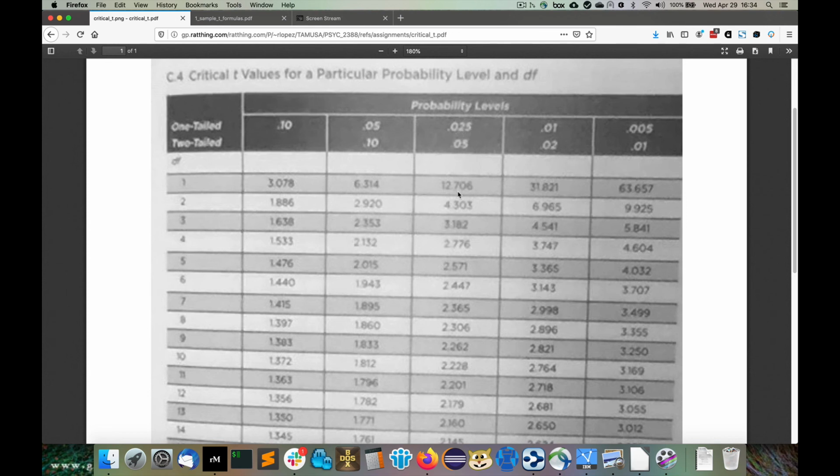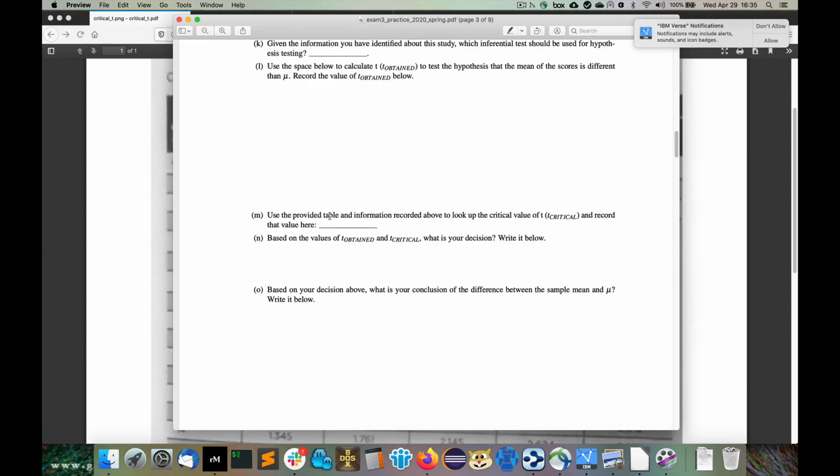Then you go down and find the row that corresponds to the degrees of freedom, and it's right here. And the value that you get is 2.365. Okay, so what you're going to do is take that number, 2.365, and write it right here, 2.365.